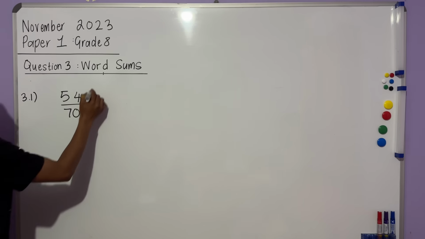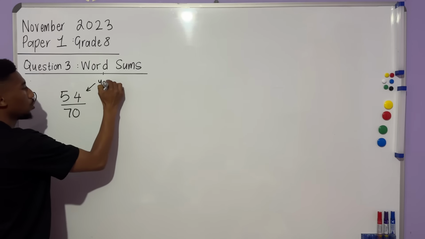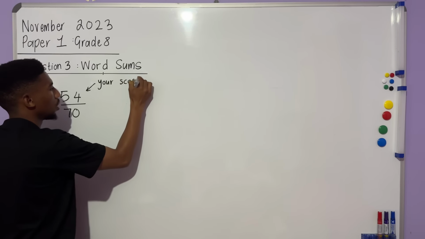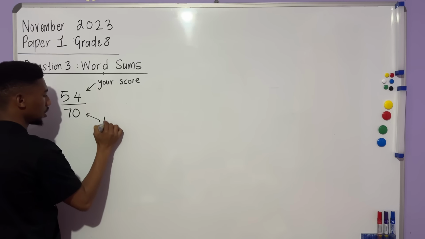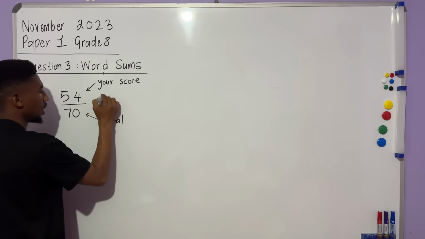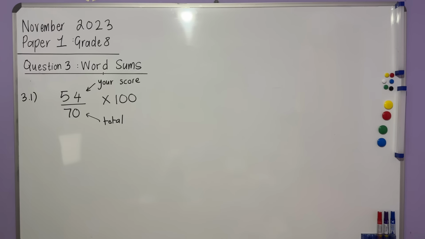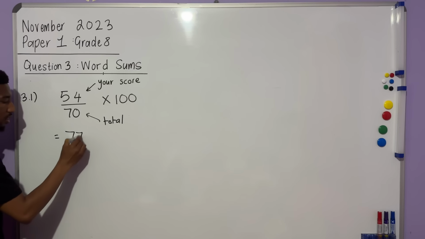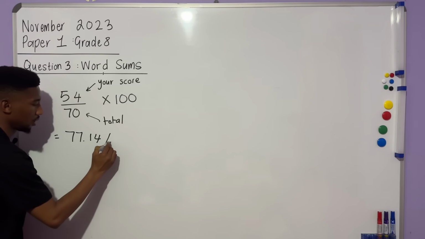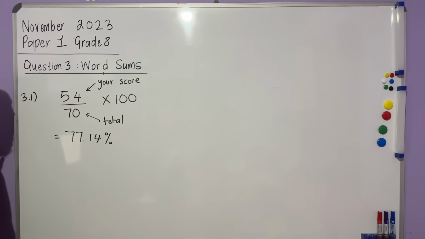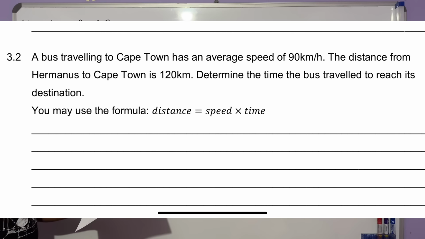So we take Jeffrey's score over the total, and then you always multiply that by 100, and that would give you 77.14%. In question 3.2, it reads as follows.